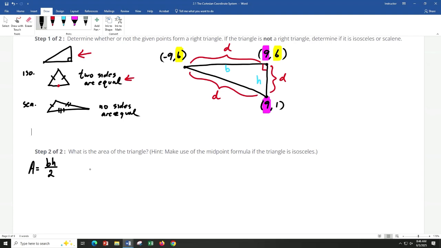For my base, I have 2 points and they are, let's see, 9 and -9, right? I've got -9, 6, and then I've also got 9, 6. So there's my 2 points, right?